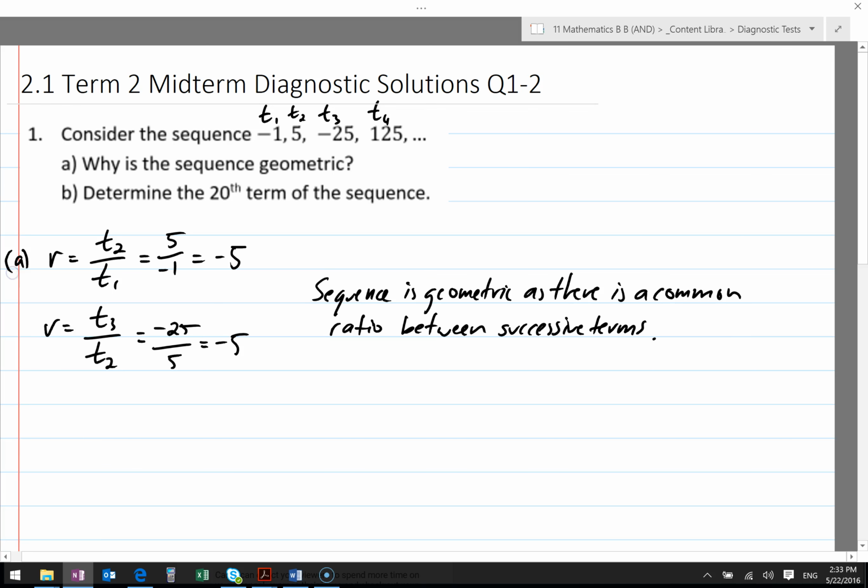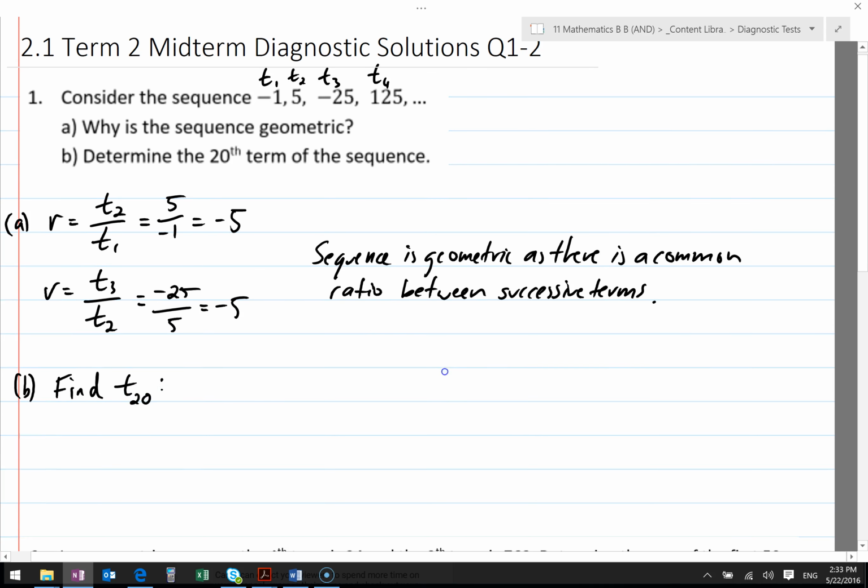Part B, determine the 20th term of the sequence. So I'm trying to find what T20 is. I'll have a go at that. I know that the first term is -1.